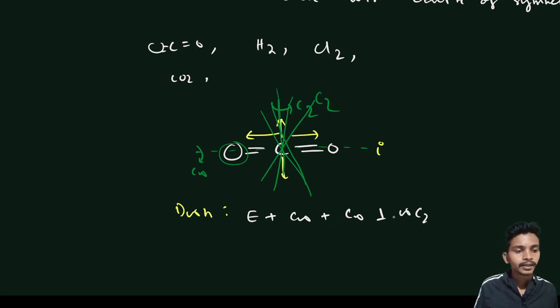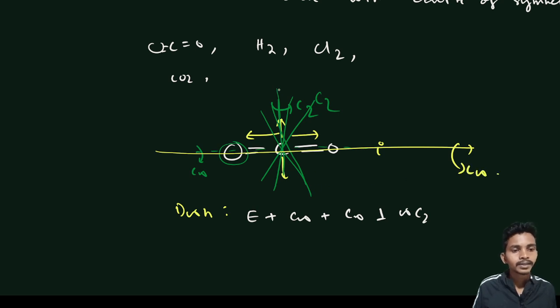Plus what else is there? You see that C infinity is the principal axis. If I pass a plane here that bisects this and this, it is perpendicular to C infinity, so sigma h is present.